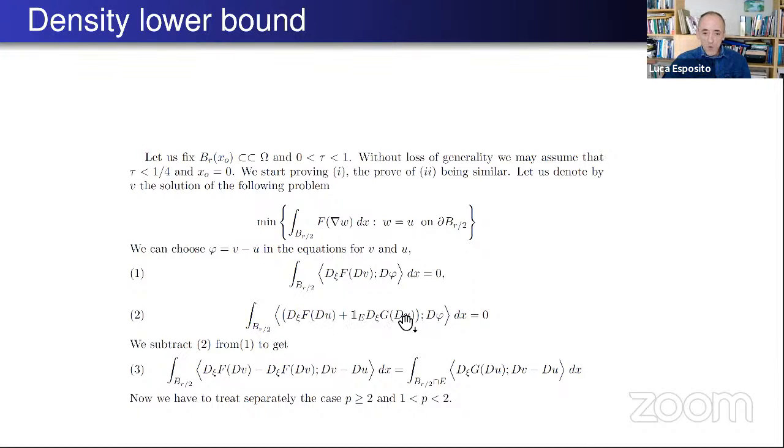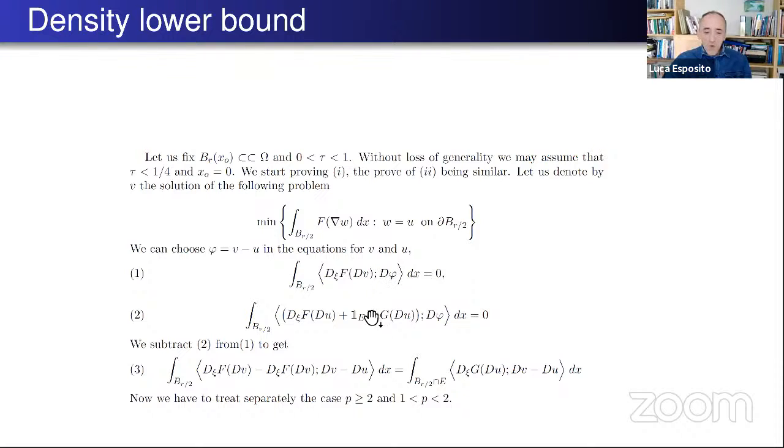For U, you have two different zones, as you can remember, because you have the set E where you have some conductivities, and so here you have some function G, and in the other set you have another one.